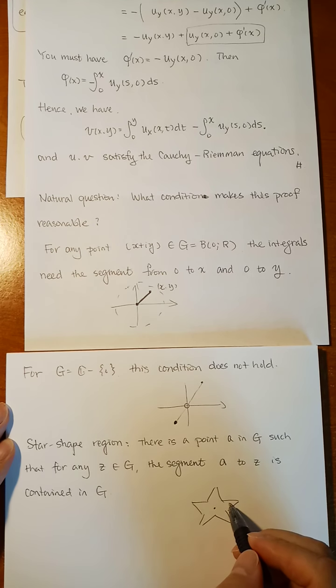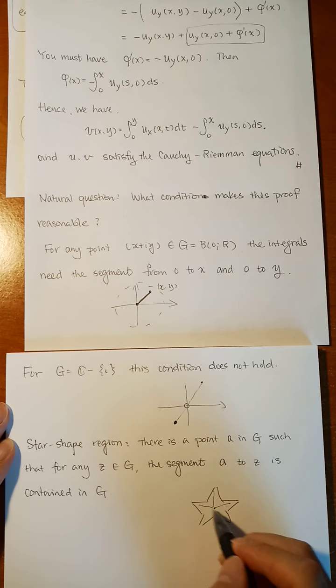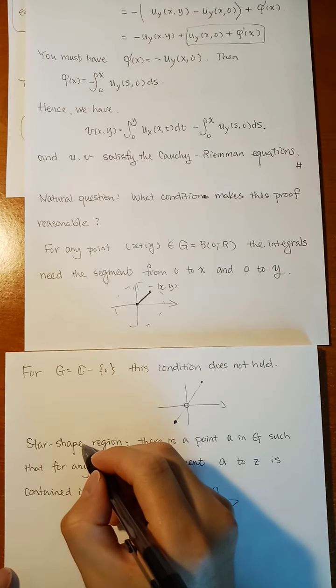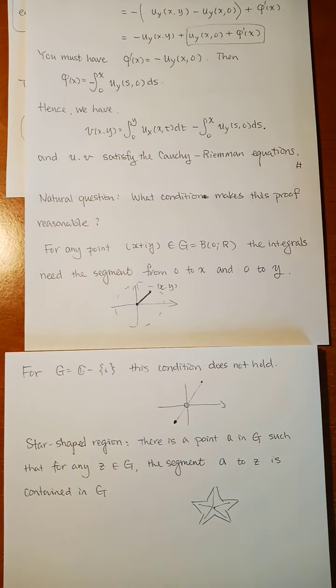You have this center and any other point you can always connect. Whenever this happens, you can define the integral without a problem. So star-shaped region is okay. For this type of region, we can always do such a trick. Okay, cool.